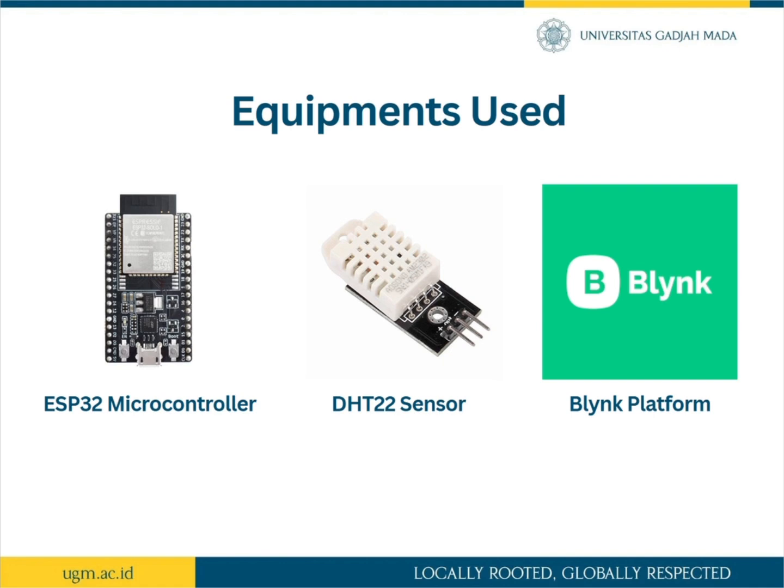Next, after data acquisition, the data is processed by the ESP32 microcontroller. This acts as the brain of our system. Its primary role is to read the signals from the sensor and, crucially, use its built-in Wi-Fi module to transmit that data to the internet. Finally, for the user interface, we utilize the Blynk platform. This allows us to monitor the classroom's thermal conditions remotely in real time via a mobile dashboard.